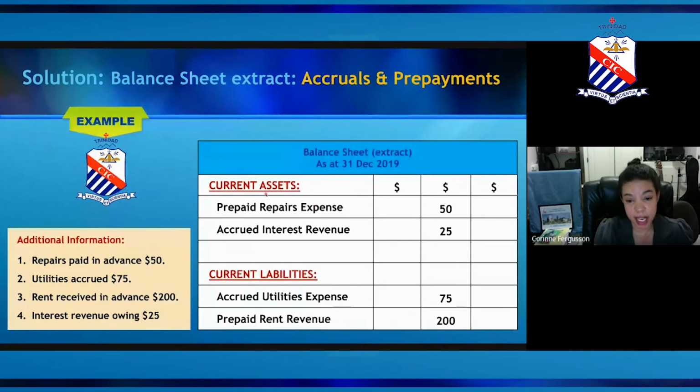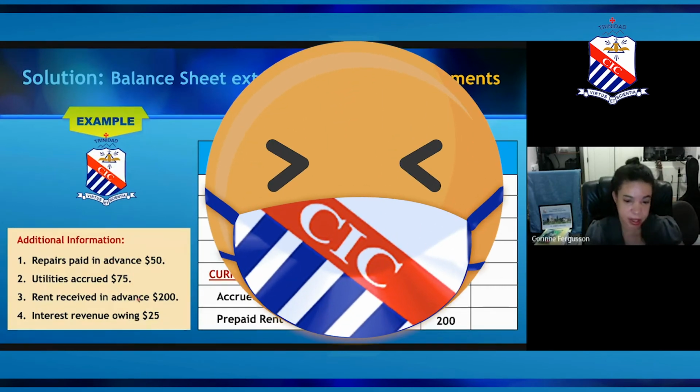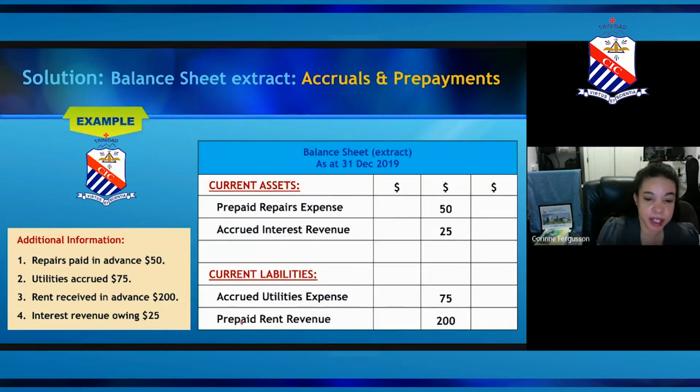Same thing for the current liabilities. You must have the accrued and prepaid, and in this case you have the accrued utilities, which is an accrued expense. You're owing money, and how much is it? $75. And for current liabilities, you have the prepaid rent revenue, $200, prepaid revenue or unearned rent revenue.